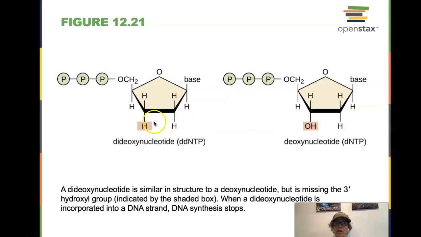If we don't have an OH, we just have an H, DNA polymerase will no longer extend this. These dideoxynucleotides are used in a form of DNA sequencing called chain termination because we end the chain of nucleotides once a dideoxynucleotide is introduced.